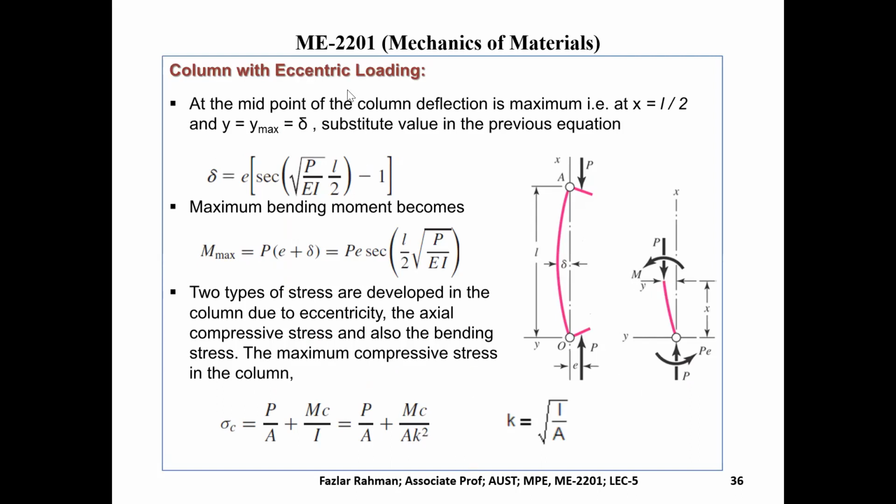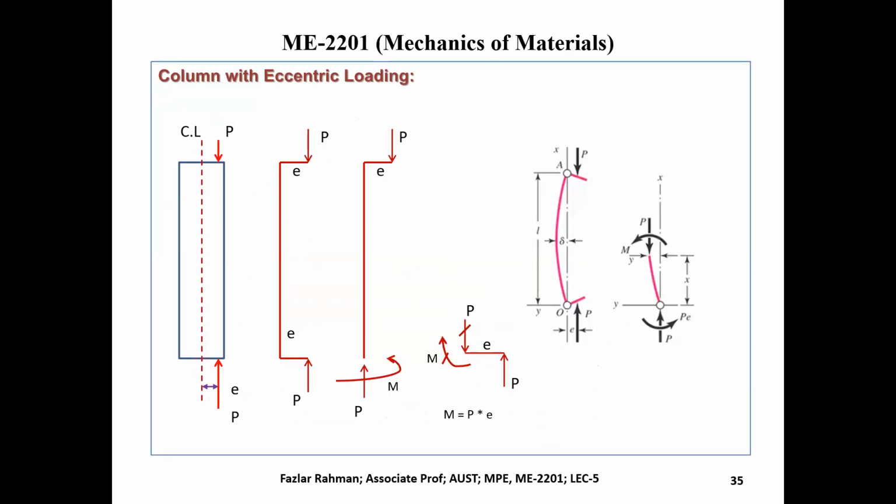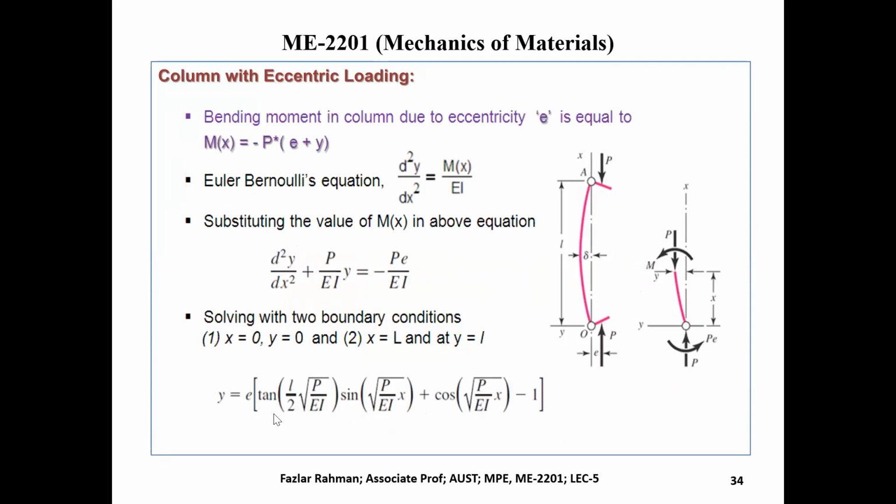The other thing here, we got the equation of y, right? What is y? Y is the lateral deflection. And when will y be maximum? If x equal to L by 2. At the middle, the lateral deflection is maximum.